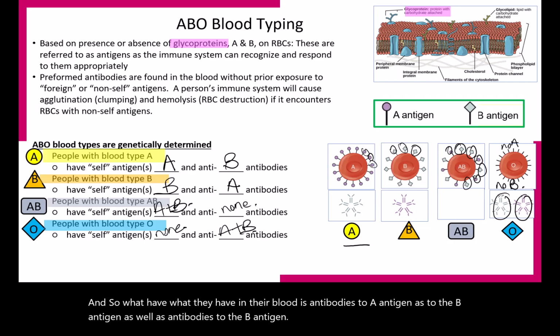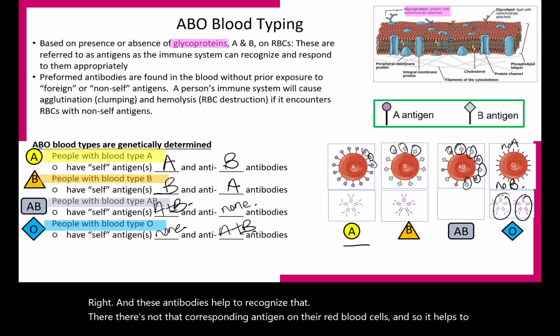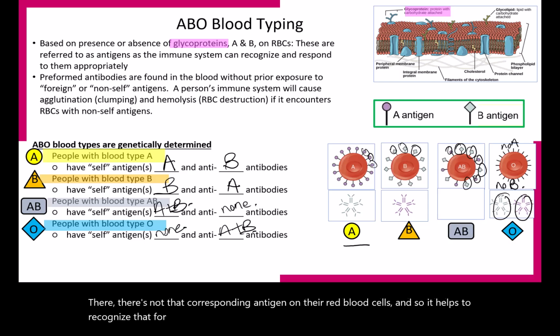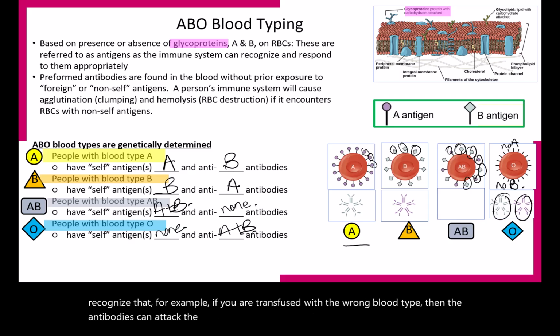And these antibodies help to recognize that the corresponding antigen is not on their red blood cells. For example, if you are transfused with the wrong blood type, then the antibodies can attack the antigens on the wrong blood type.